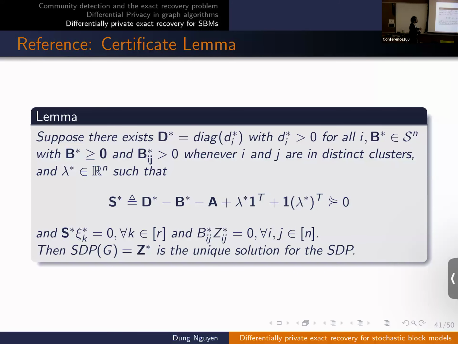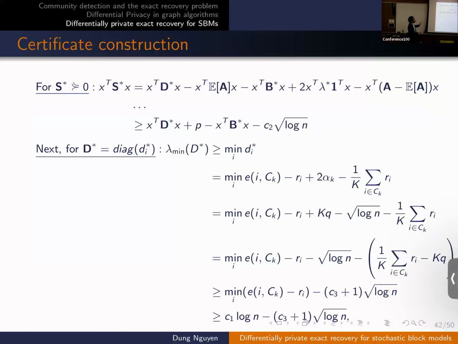So coming back to the certificate, we need to construct this matrix S star here, and S star must be positive semi-definite. So how do we do that? At a very high level, we prove that this quadratic form of S star here is larger than 0 when n is large enough.